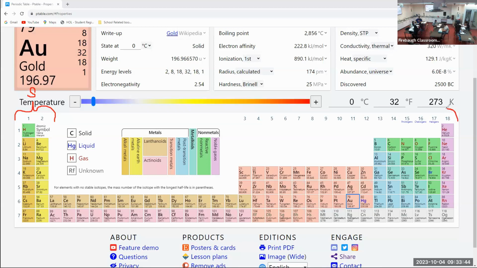This tower over here, how many columns? 6. So which one has 6? P. This one here has how many columns?